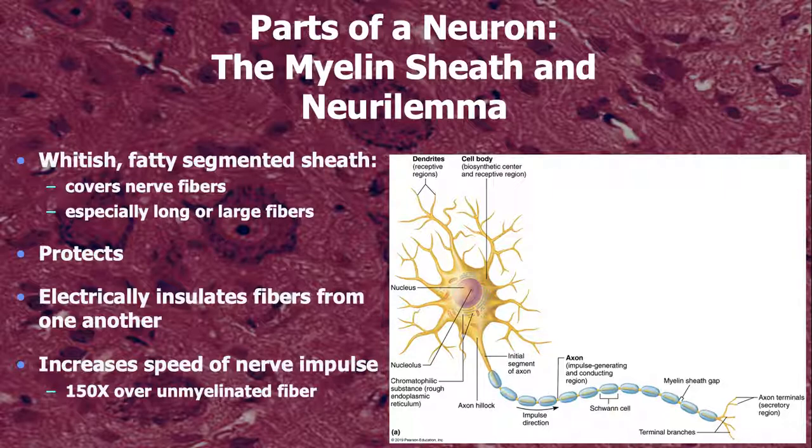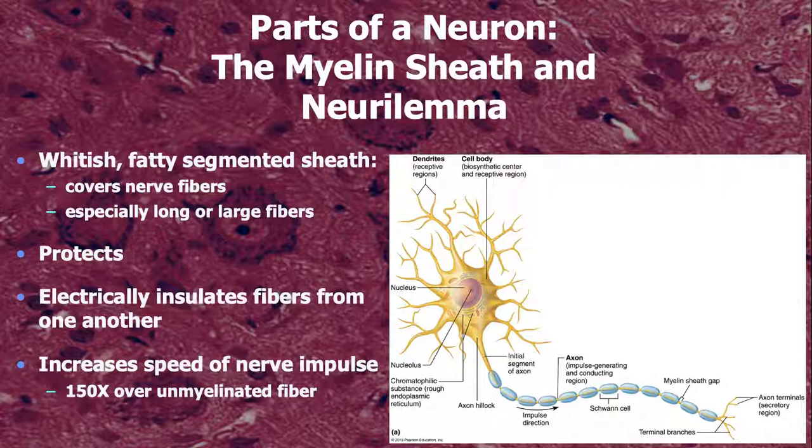Okay? So here's what happens. When an action potential travels down an unmyelinated axon, it's going to go like this. Open channels, closed channels, open channels, closed channels. And it's just going to walk slowly down that axon. When you have myelination, you have these little bits of insulation and little gaps between, which are nodes of Ranvier.